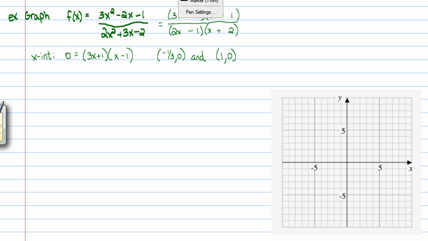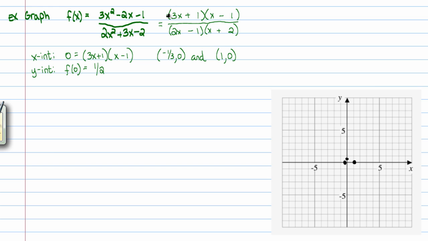So I'll go ahead and mark those on the graph here. 1, 0, and negative 1/3, 0. Very close to each other. I should have made the graph slightly larger. Oh well. The y-intercept, again, you just let x be 0. It's easier to do this with the original function because you can see that's just going to be a half. So I'll mark that on there as well. All right, so we got these 3 points really close to each other here.